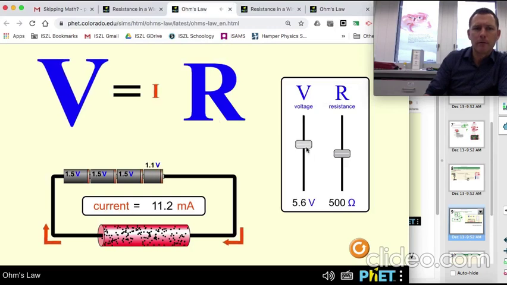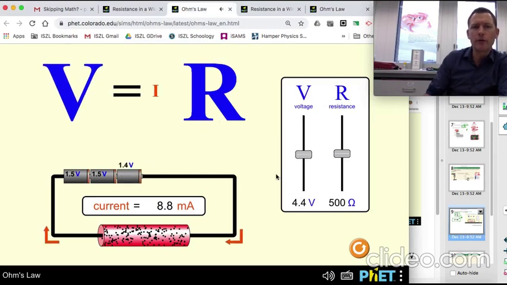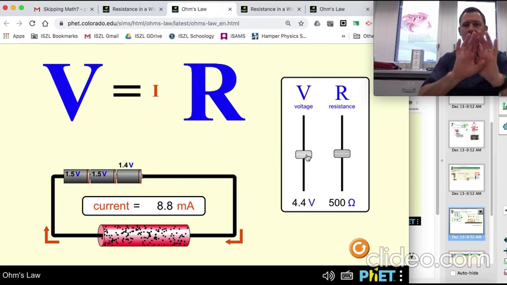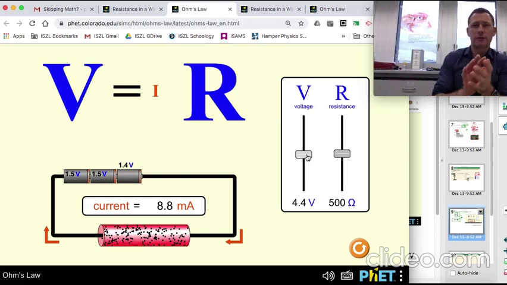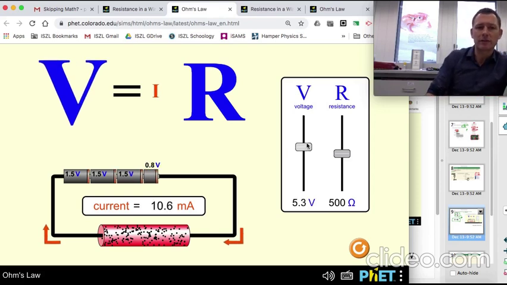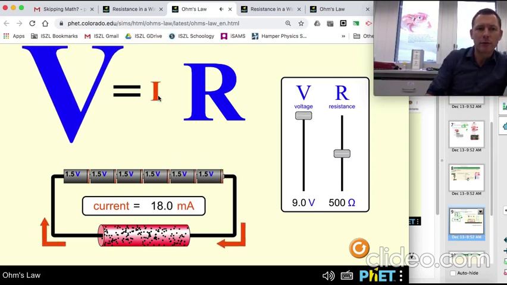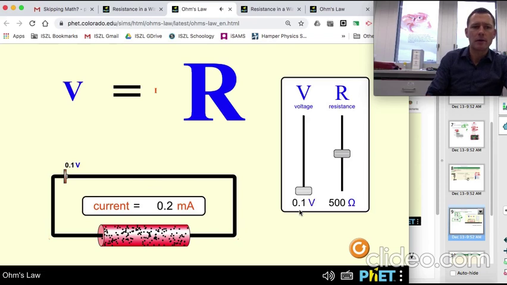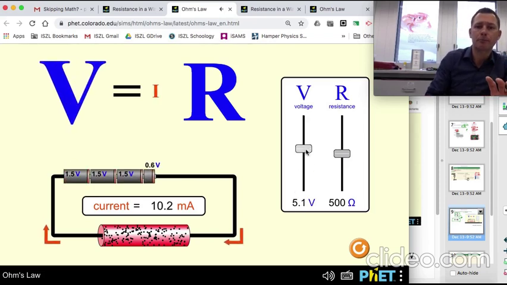The voltage is kind of the push. So it's how much push happens. So if we increase the voltage, we put bigger batteries, there's a bigger potential energy difference. You can see that the current goes up. You get more energy flowing because there's more pressure. Little voltage, little pressure, little flow.